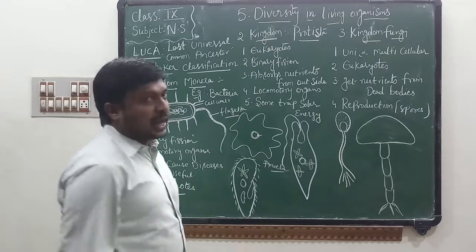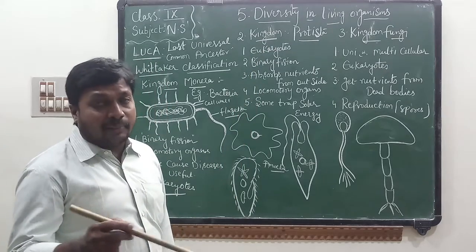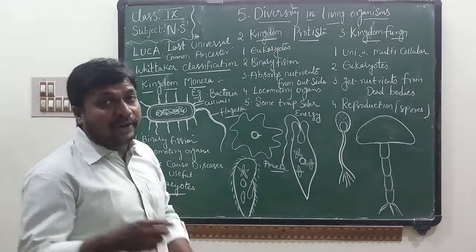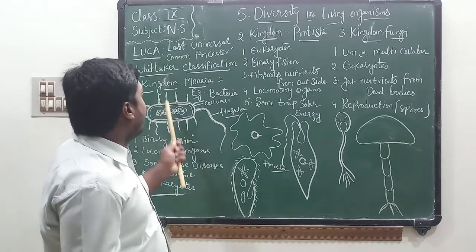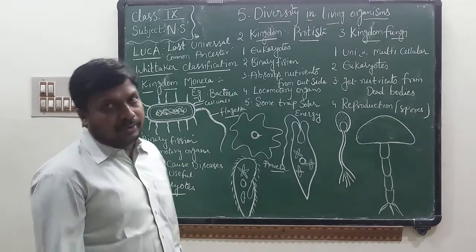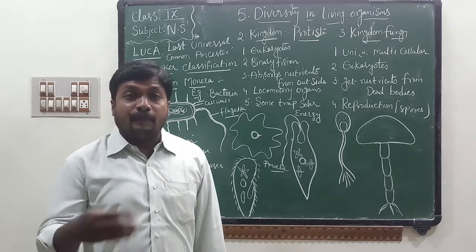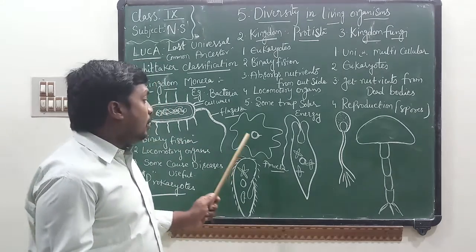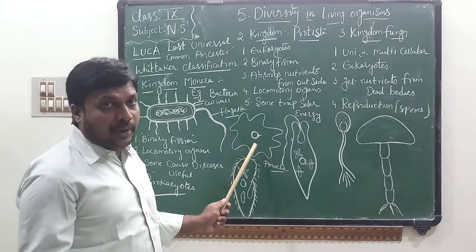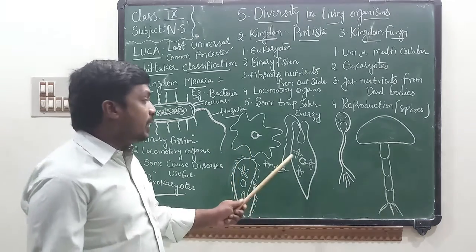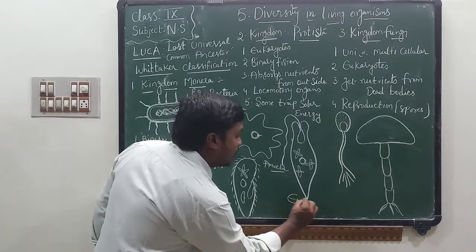In Protista, we can find some development compared to Monera. They are eukaryotes. They have a nucleus and they can reproduce by binary fission, splitting of the parent amoeba into two daughter amoeba. This one is euglena.